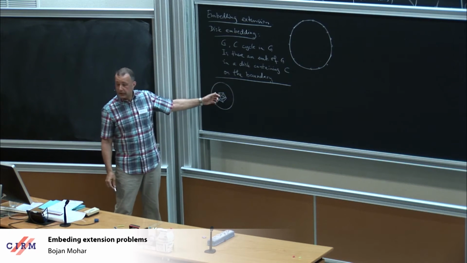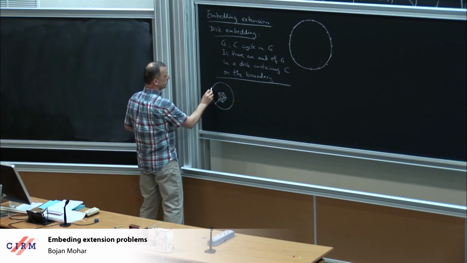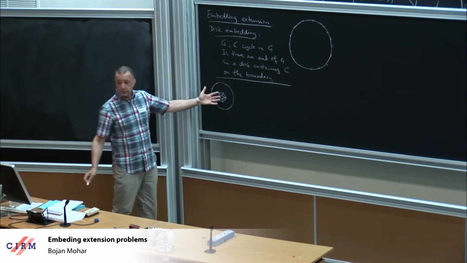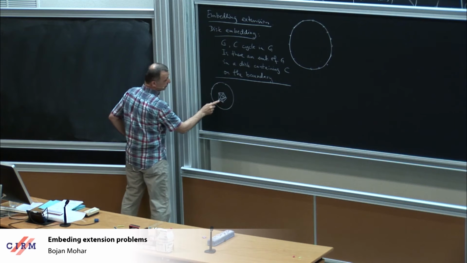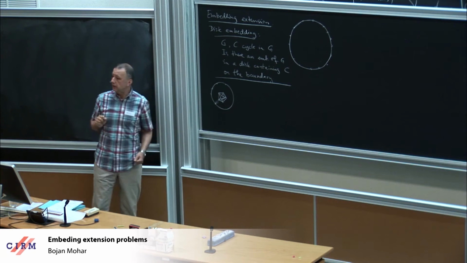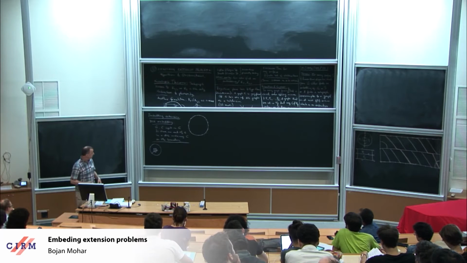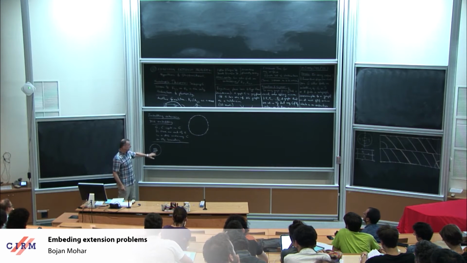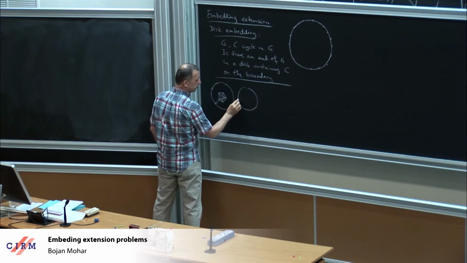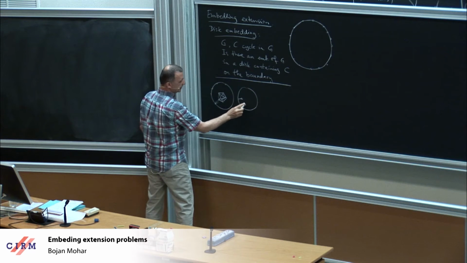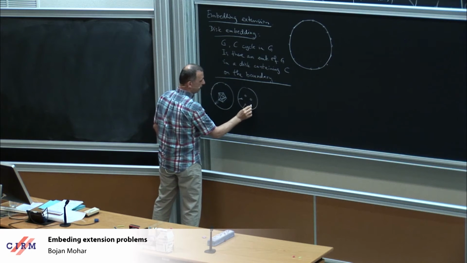So this would be an obstruction. Actually it's not an obstruction, you could delete this, and it's still not embeddable. But if you delete any other edge, it's embeddable. Another kind of obstruction would be maybe you have this. Replace one edge by this. So here would be K5 or K3,3.